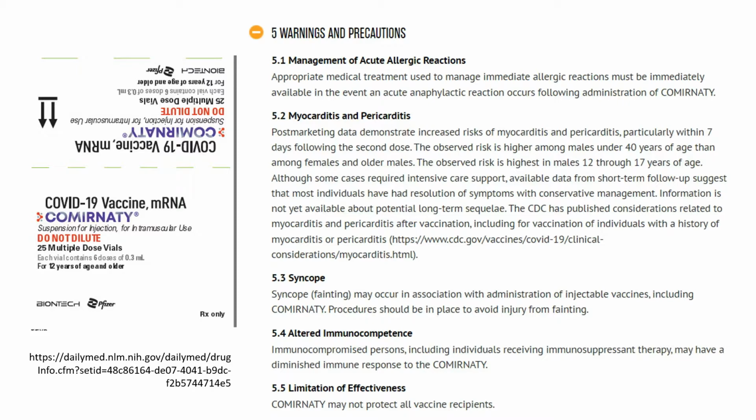The Comirnaty label specifically elaborates on the risk of myocarditis and pericarditis observed from post-marketing data. Additionally, the label warns that immunocompromised persons, including individuals receiving immunosuppressant therapy, may have a diminished immune response to the Comirnaty. Comirnaty may not protect all vaccine recipients. Therefore, individual patient benefit risks should be contemplated.